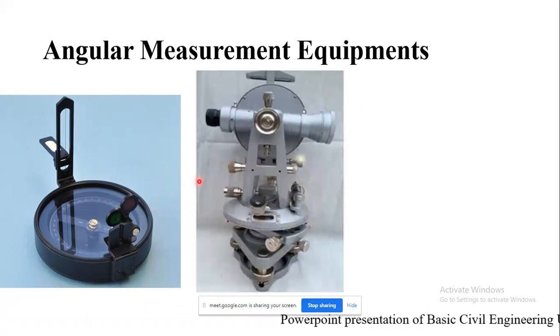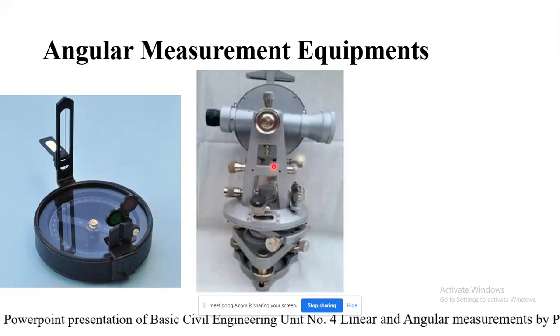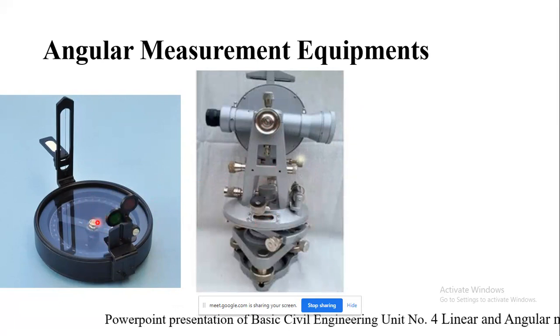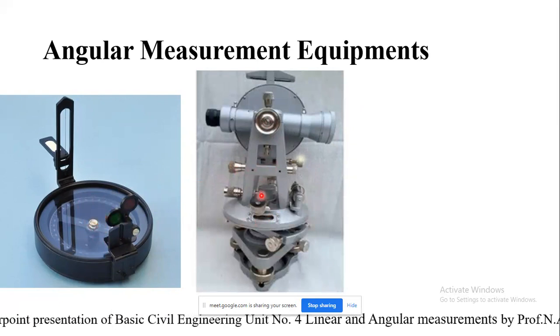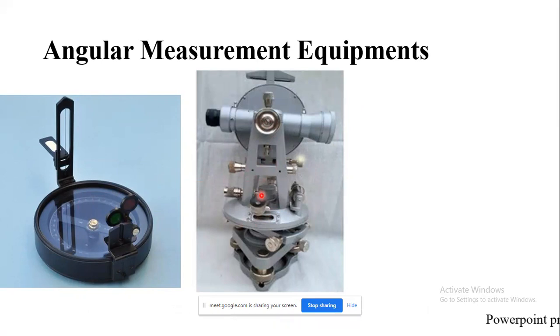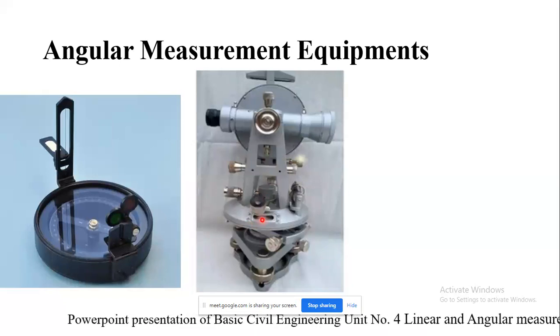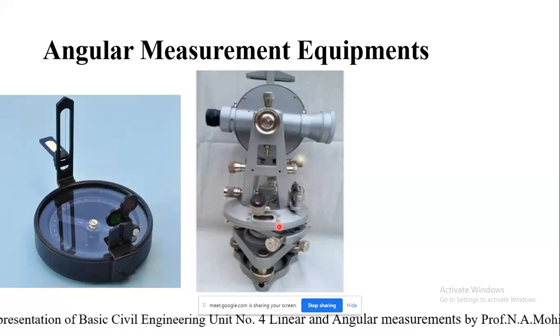Next is a theodolite. The least count of the prismatic compass is 30 minutes, but this theodolite has a least count of 10 seconds to 30 seconds, depending upon the vernier fitted inside it.